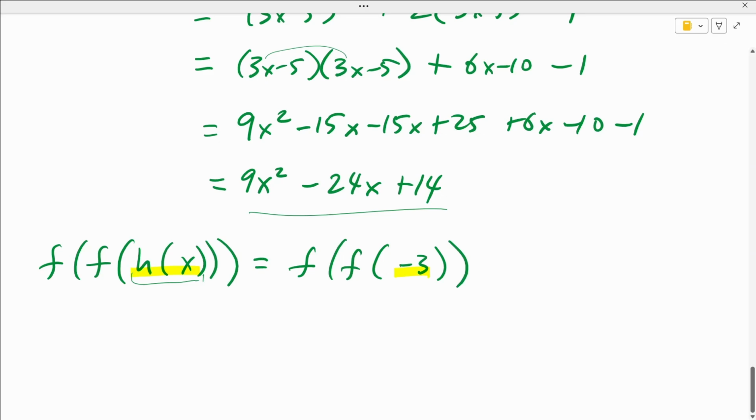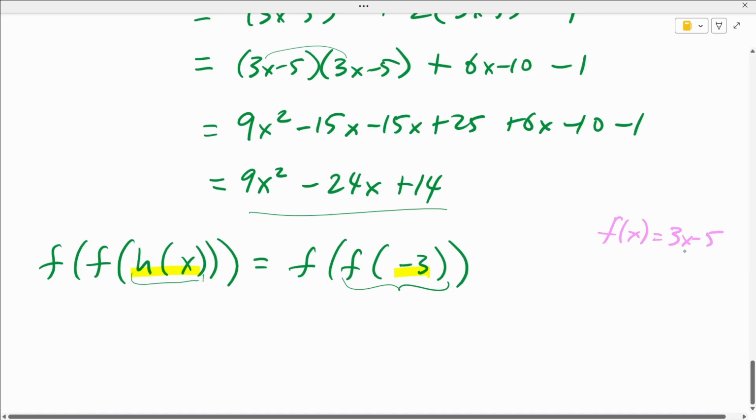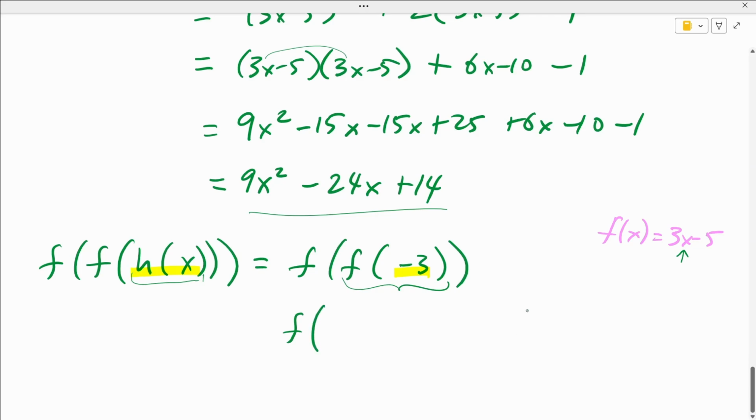Now, f of negative 3 is what? Well, remind ourselves that f of x is given to us as 3x minus 5. So f of negative 3 means that negative 3 is going to go right here. I'll keep this outer f, I'll keep my brackets for the argument nice and big, and I'll do this computation. I have 3 times negative 3 minus 5.